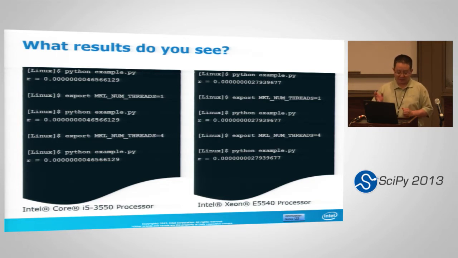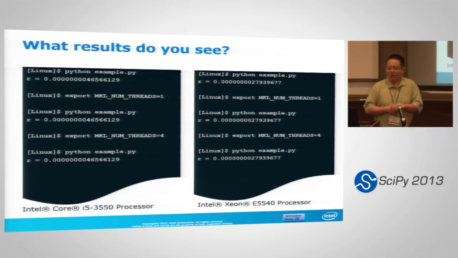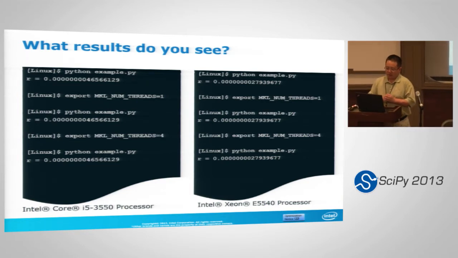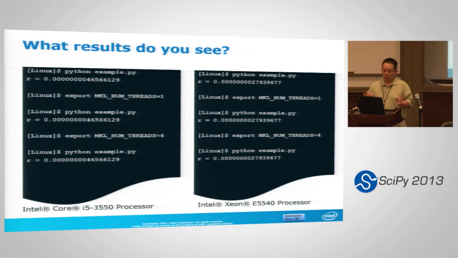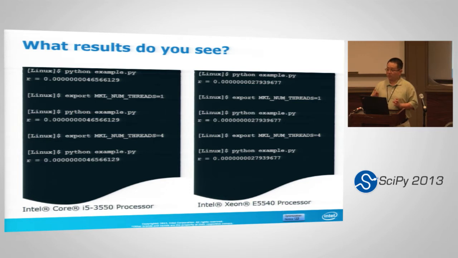So, okay, it's not exactly 0. But what bothers people is that they are different, right? As I said earlier, those two systems have different numbers of cores, and we know that one important reason MKL runs very fast, faster than, say, Atlas and open source LAPACK, is that it takes advantage of the multiple cores.